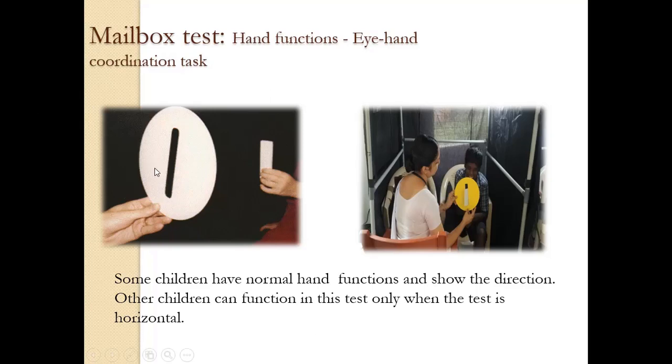If it is vertically presented, you give the child in a horizontal manner. When they come close to that box, they change the direction and post it. When the child has some issues, whatever shape you give, they will hold it in the same way. If you hold it in a horizontal position, the child will try to post it in a vertical manner.